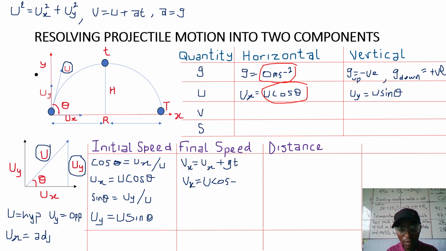plus our G, which is 0, times T. That will make that term automatically equal to 0. So therefore, our Vx, which is the final speed along the horizontal axis, is equal to U cos theta.